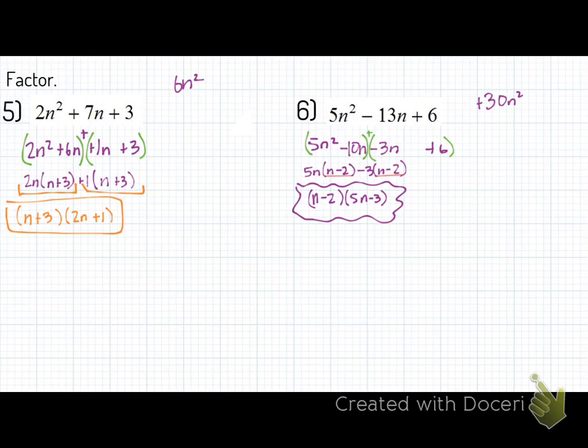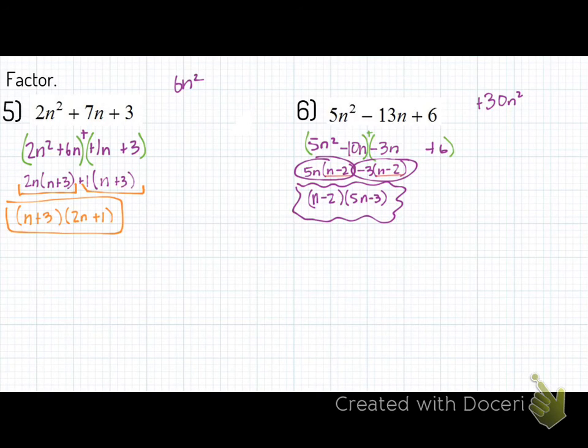Because I could factor out, these are two terms right here. I'm trying to answer a question. Please end your conversations. Okay? 5n times n minus 2 here. And then I got negative 3 times n minus 2.